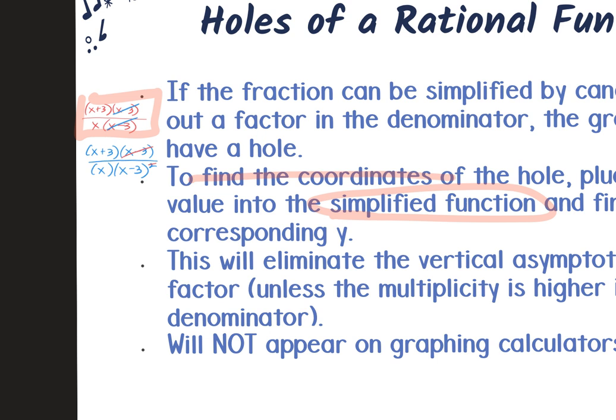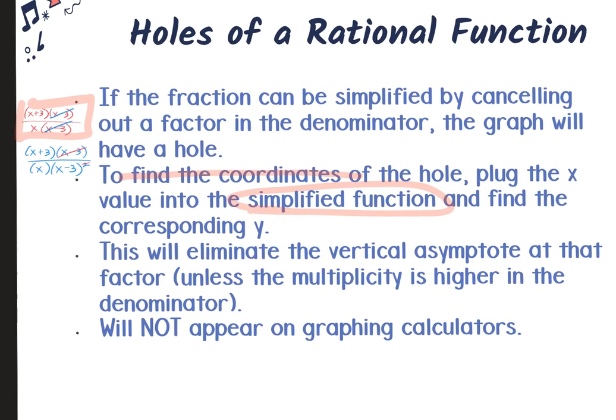And then every other question comes after you cancel things out. So vertical asymptotes would now be after you cancel it out. Zeros after you cancel it out. Horizontal asymptotes after you cancel out. The only thing that comes before is your domain and the x coordinate of your hole. Those are the only things you will use your original function for, okay?